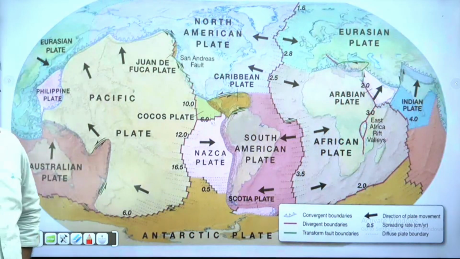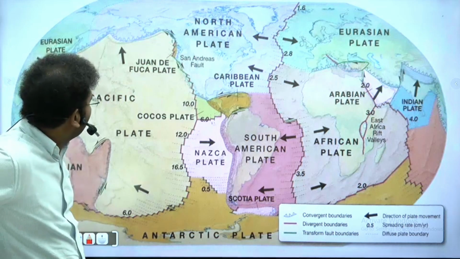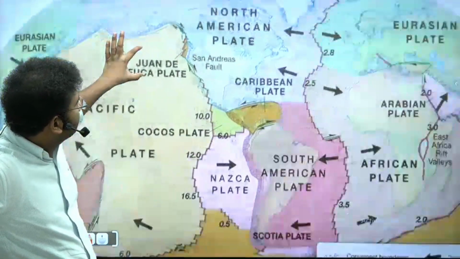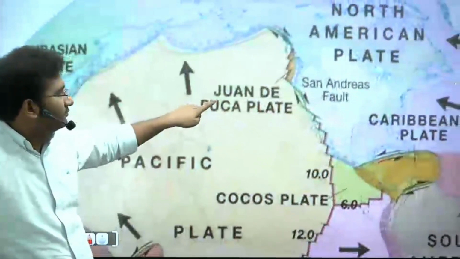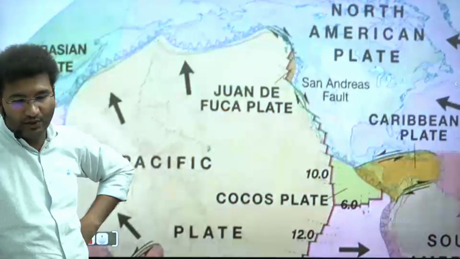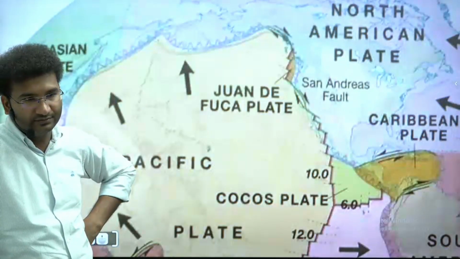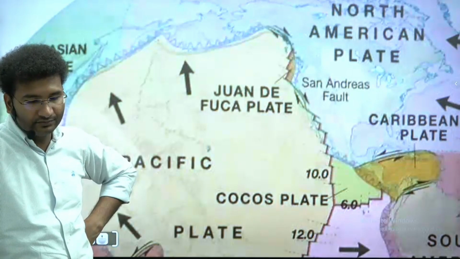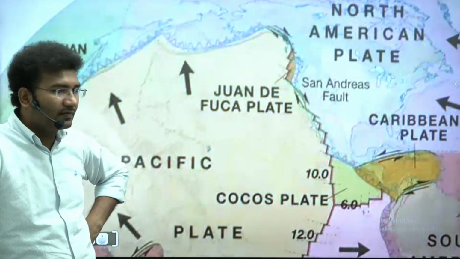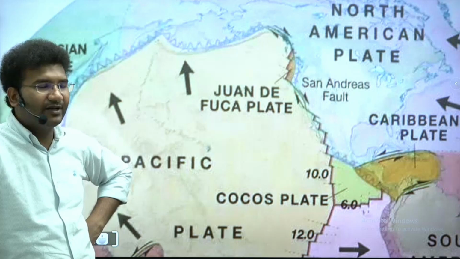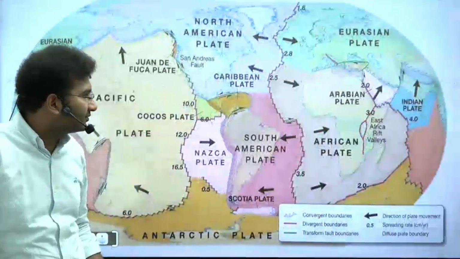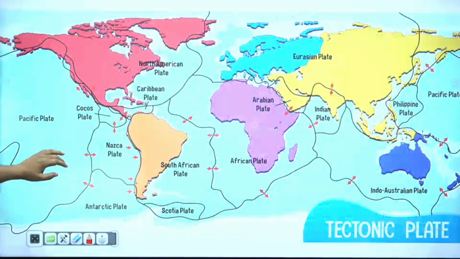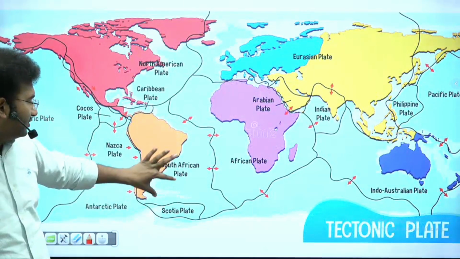You have written Cocos. Next is Juan de Fuca. This is the Juan de Fuca plate. Last one, the Fiji plate, where Fiji Island is present. Next, the Scotia plate.